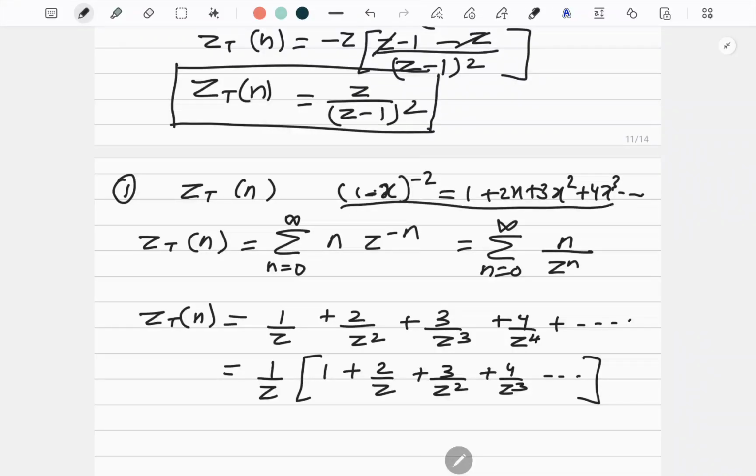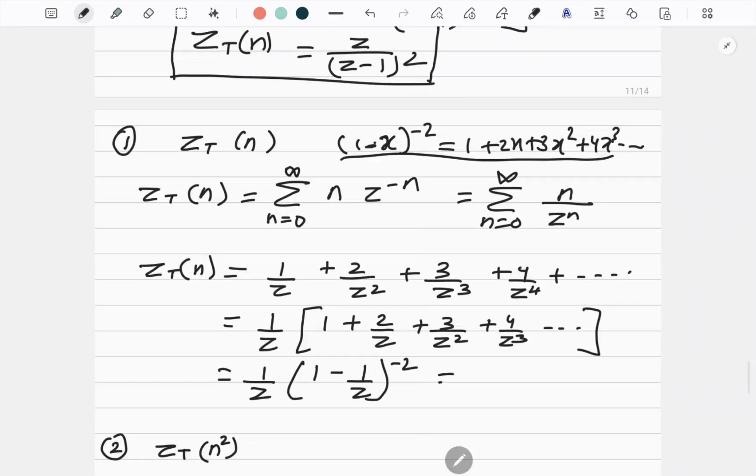So this series I can apply where x is equal to 1 by z. Okay, so I have 1 by z, and here in bracket 1 minus 1 by z to the power minus 2. Now take the LCM here. So 1 by z, z minus 1 to the power minus 2 upon z to the power minus 2. So this becomes z square by z, z minus 1 whole square. This and this got cancelled, and I got the same result as I have obtained here.